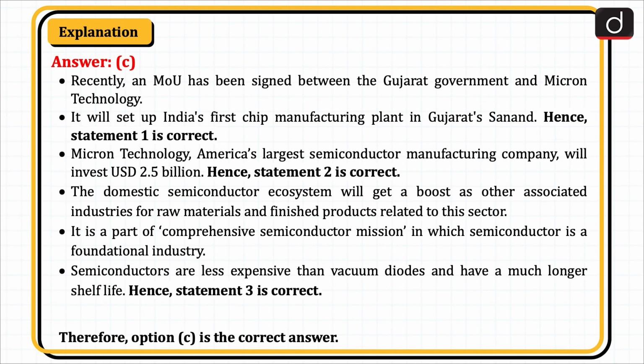The domestic semiconductor ecosystem will get a boost as other associated industries for raw materials and finished products related to this sector. It is a part of comprehensive semiconductor mission in which semiconductor is a foundational industry. Semiconductors are less expensive than vacuum diodes and have a much longer shelf life. Hence, statement 3 is correct. Therefore, option C is the correct answer.